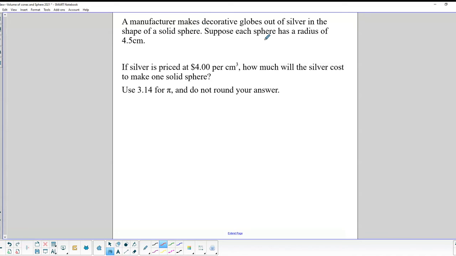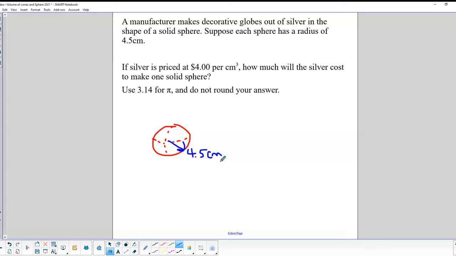The manufacturer makes decorative globes out of silver in the shape of a solid sphere. Suppose each sphere has a radius of 4.5 centimeters. Okay, so we got a sphere down here. And we got to keep in mind that from the center of the sphere to the outside edge is 4.5 centimeters.